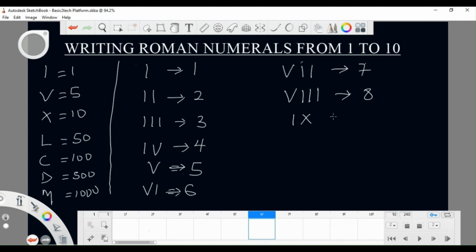So X is 10, so we have 10 minus 1, that is 9. So IX gives us 9. Now 10 is X, so our X is 10. So this is how we write Roman numerals from 1 to 10.